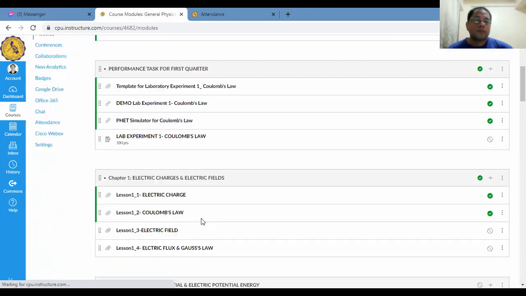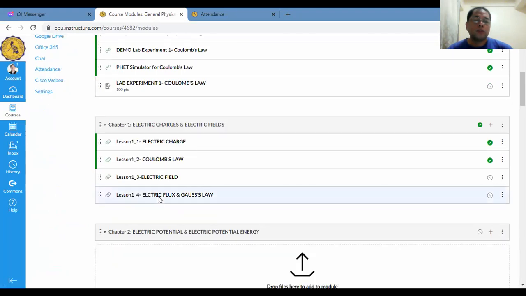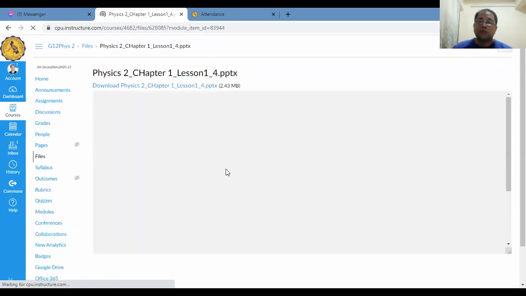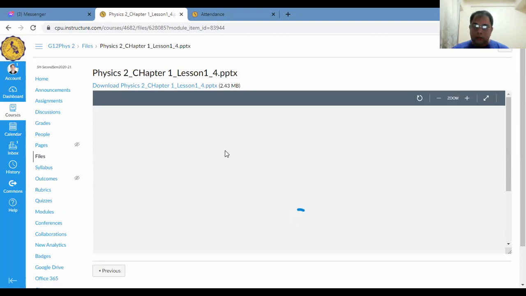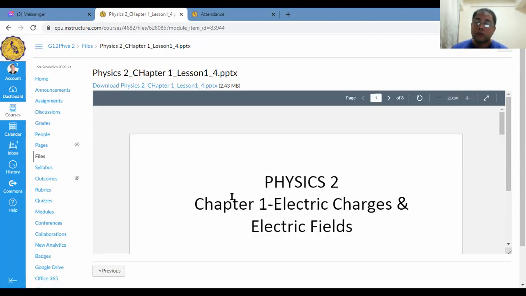So nonetheless, this is too computational. We are talking about a number of charges here, lines of force that are coming out of a certain charge.